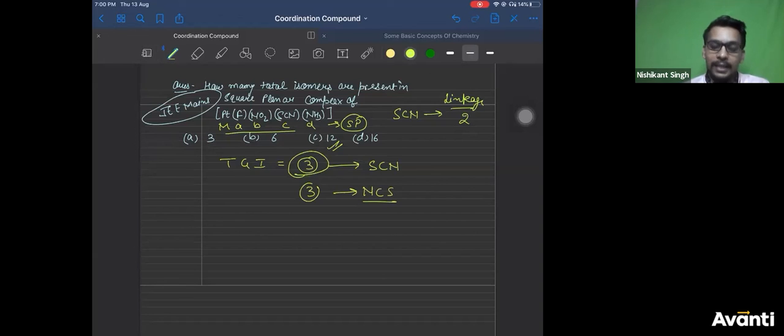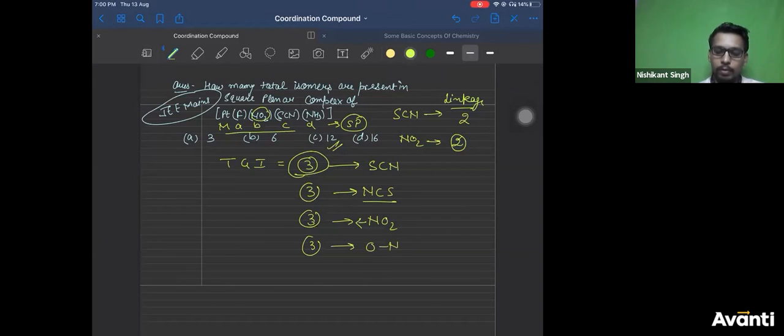Correct? Then NO2 is also an ambidentate ligand, so 2 linkages are shown by this also. Again 3 with nitrogen, NO2 donating the lone pair from nitrogen, and in 3 isomers you will have oxygen donating the lone pair from oxygen. Correct? So total you will have 3 plus 3 plus 3 plus 3, 12 isomers.